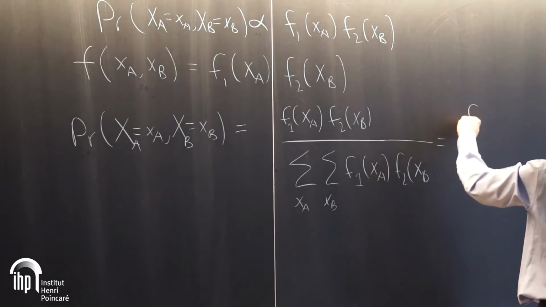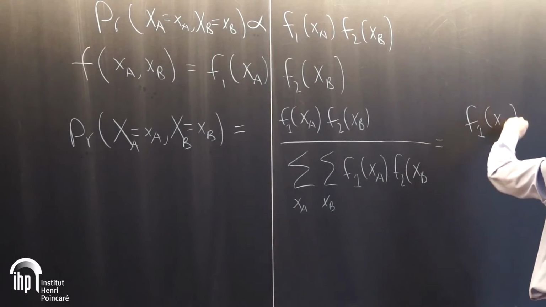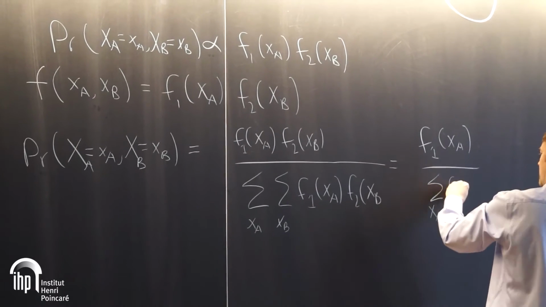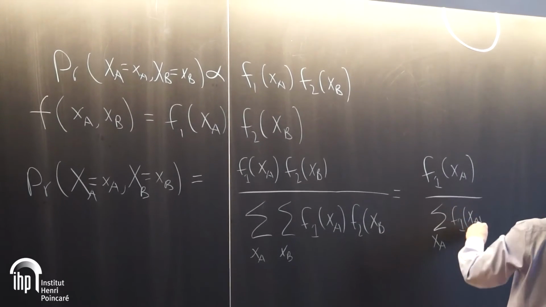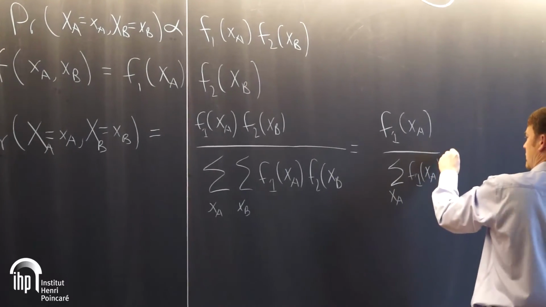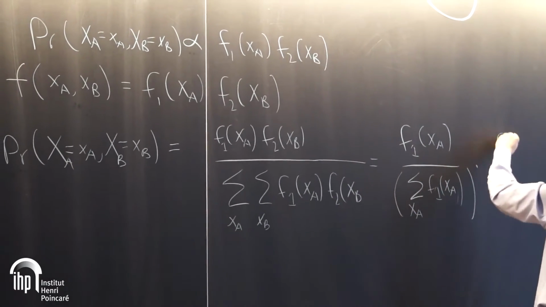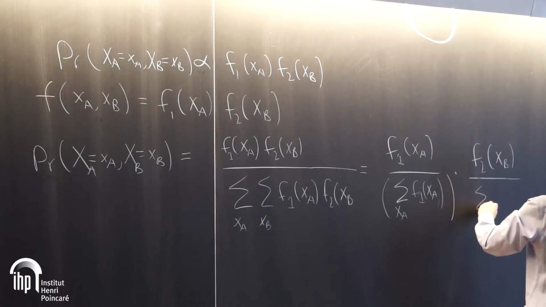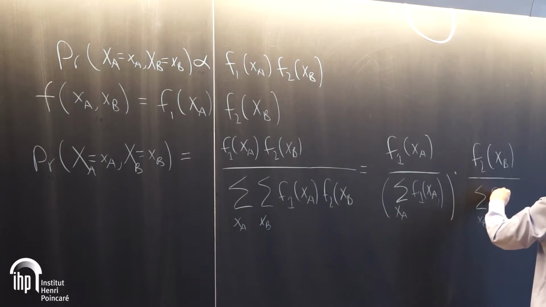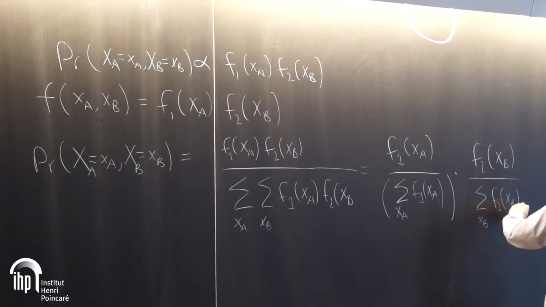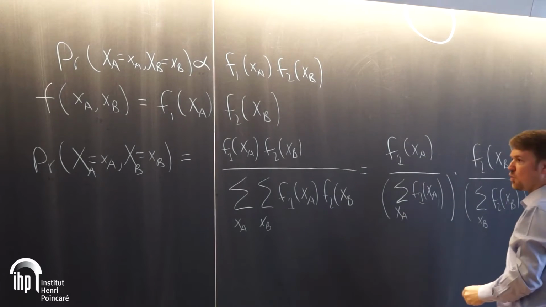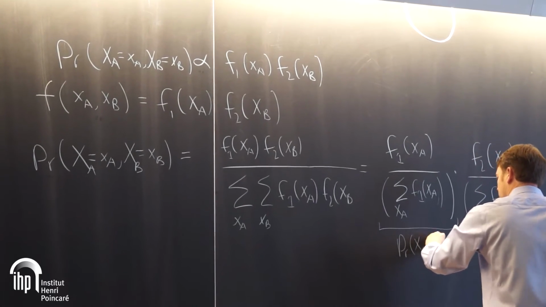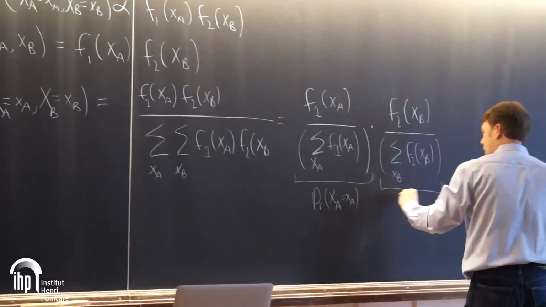So this is just going to be f1 of xa divided by the sum over xa of f1 of xa, times the same for f2, and each one of these then is the probability of xa and the probability of xb.